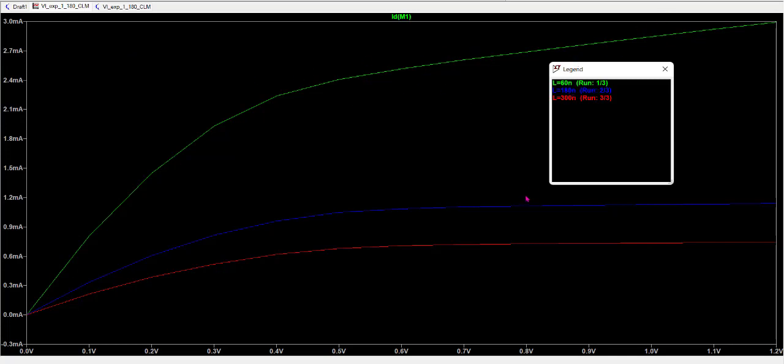Then when I did 180 nanometer, you see it has come down, it has become constant, and then at 300 nanometer it is further constant, although the current value has also decreased, because ID is inversely proportional to L, right? ID equals mu n Cox W by L. So ID will also decrease, but it will be constant.